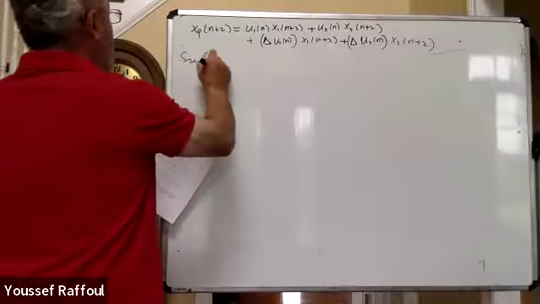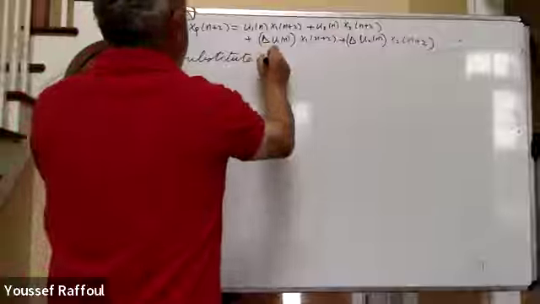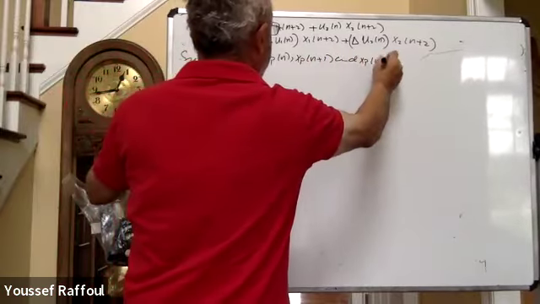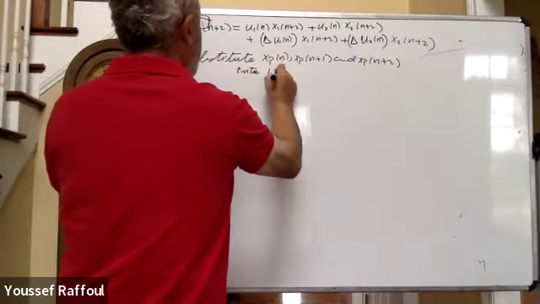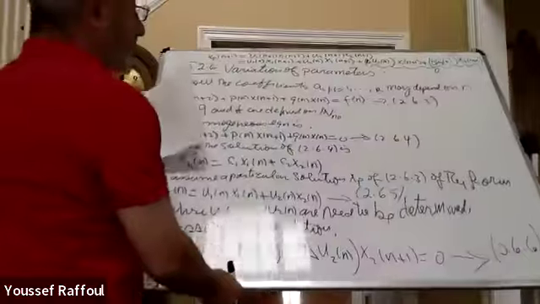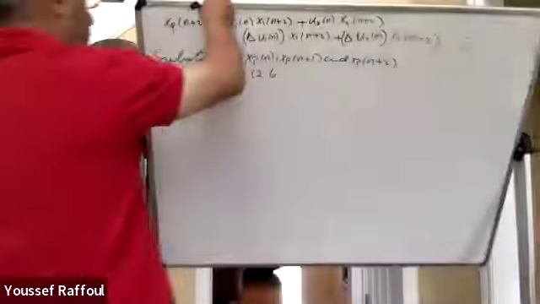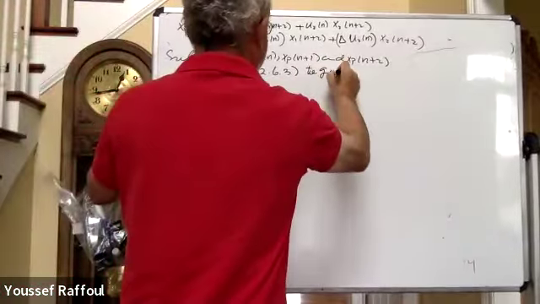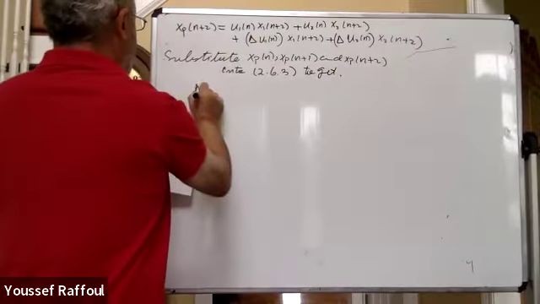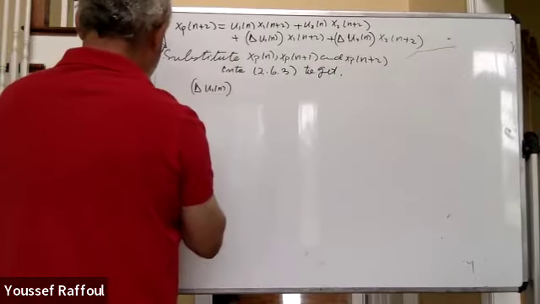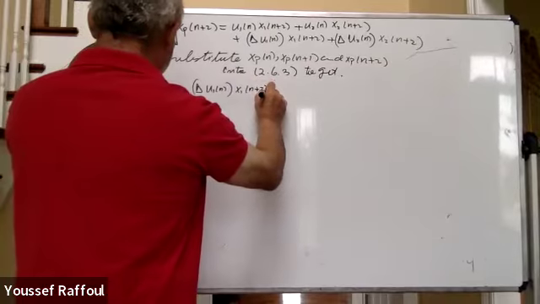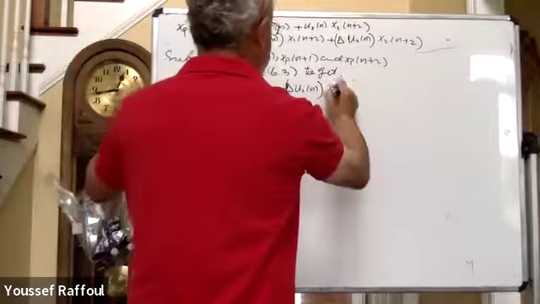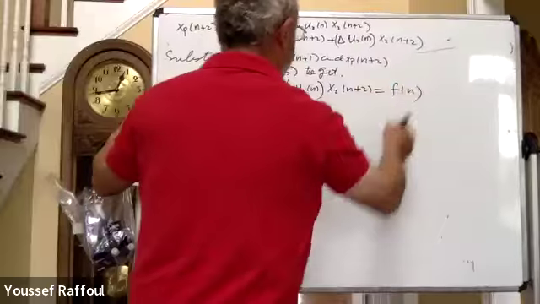Now substitute xp of n, xp of n plus 1, and xp of n plus 2 into 2.6.3, and get del u1 of n, x1 of n plus 2, plus del u2 of n, x2 of n plus 2 equal fn.